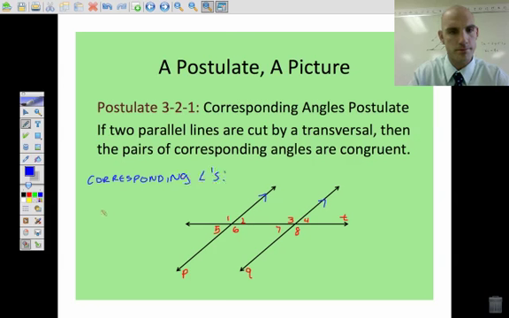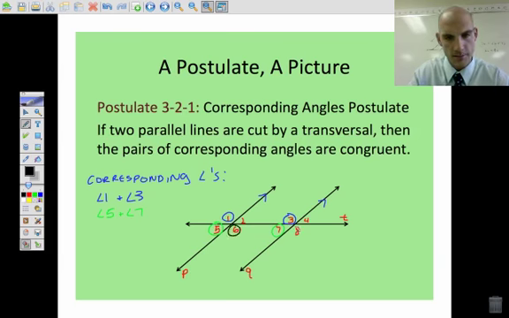look like this. Like angle 1 and angle 3 are corresponding angles. This one and this one. Also corresponding angles could be 5 and 7. That might be a little bit difficult to read, but we've got a couple other pairs.